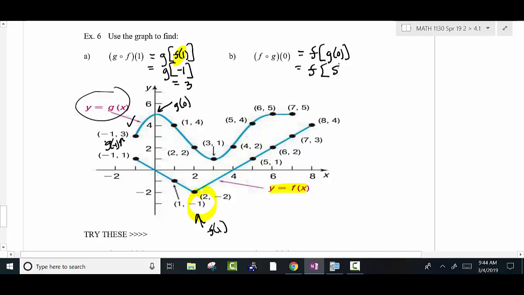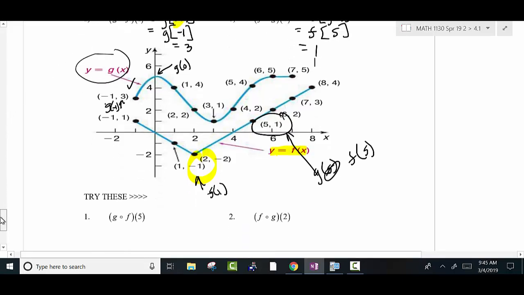So you'd have f of 5. What's f of 5? That's the V-shaped graph. So what's that? 1. There's your answer right there. So f of 5 is just equal to 1. You're doing the same thing you did on that chart in the first page of your notes. That's the idea. So you can get function values out of graphs as well.